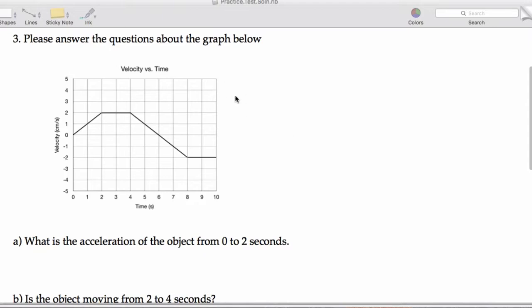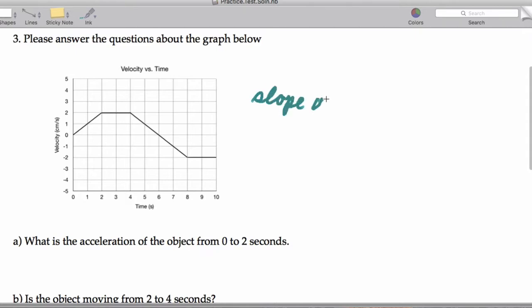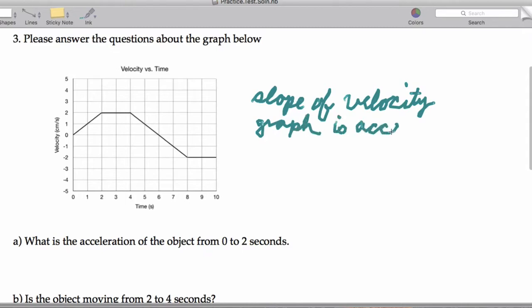And let's just note one very important fact, which is the slope of the velocity graph is acceleration. So let's just note that. With that in mind, the acceleration from 0 to 2 seconds, let's actually do a rise over run calculation.